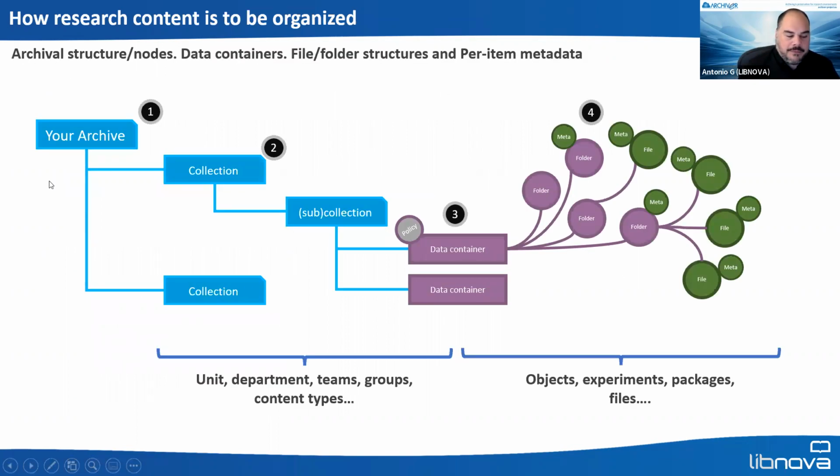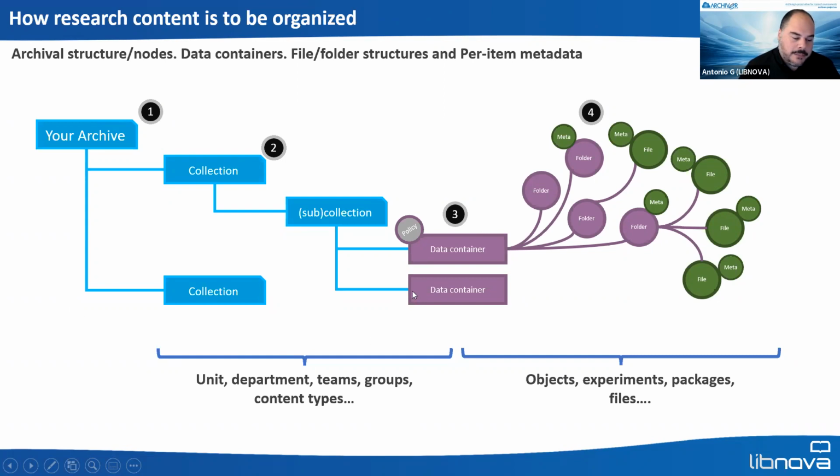So this structure that I have been telling you about can be represented here. You can have your archival structure here, your containers, and then inside your containers you can have files that may contain folders, metadata files, and so on. How you use it is up to you.